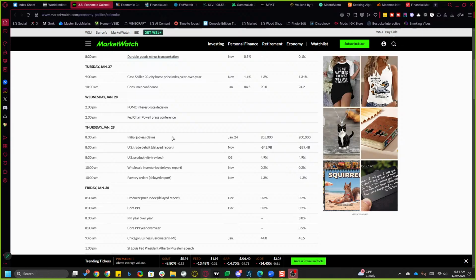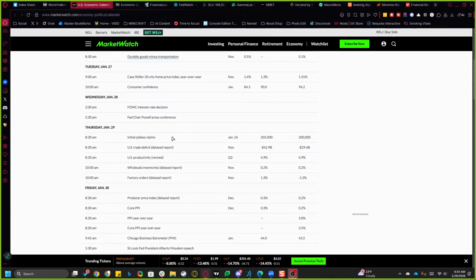The trade deficit, on the other hand, we're seeing a wider and wider discrepancy here. And it is a delayed report, which, a lot of our data has been delayed significantly because of the last government shutdown.